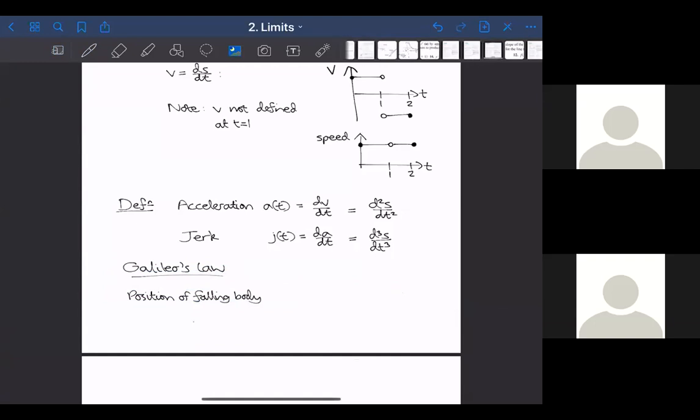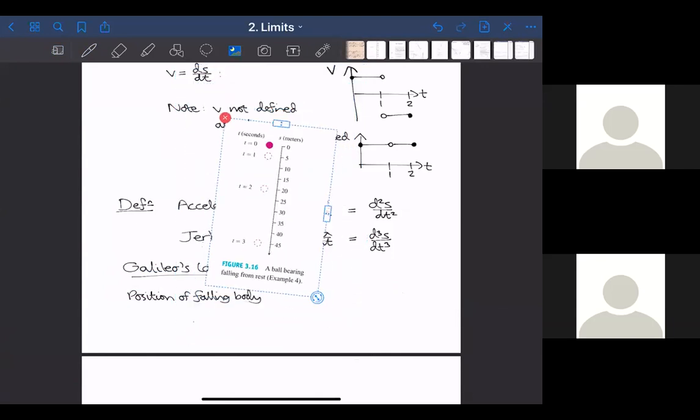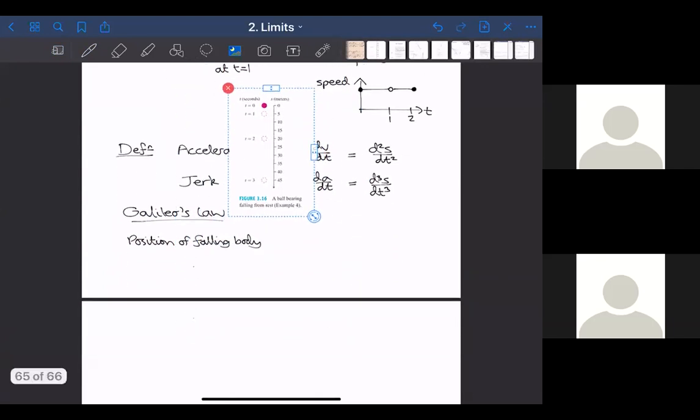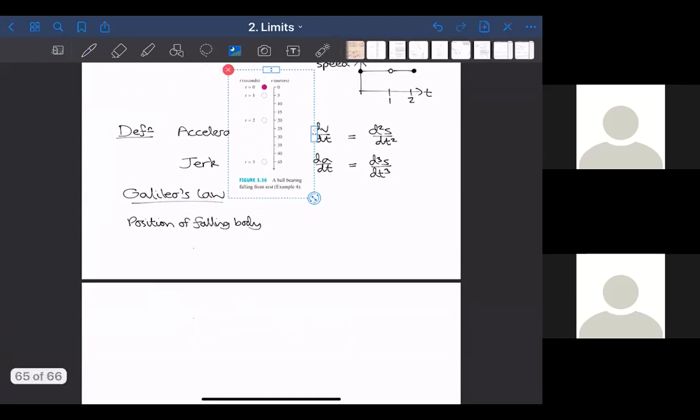So imagine a body falling. I have a picture here somewhere. Going back. Oh, where is it? Here. Now let's move this to the next page.